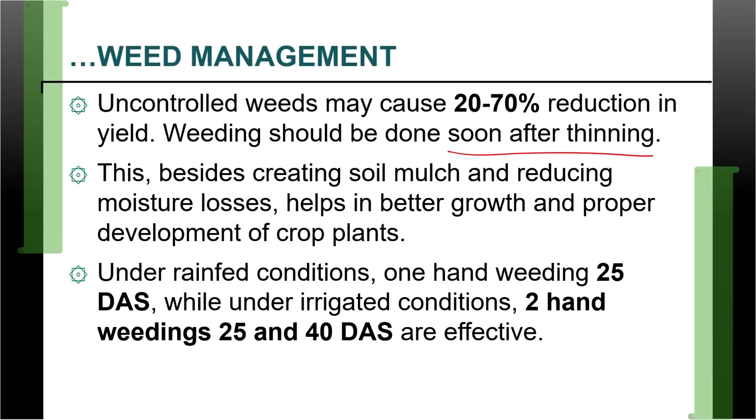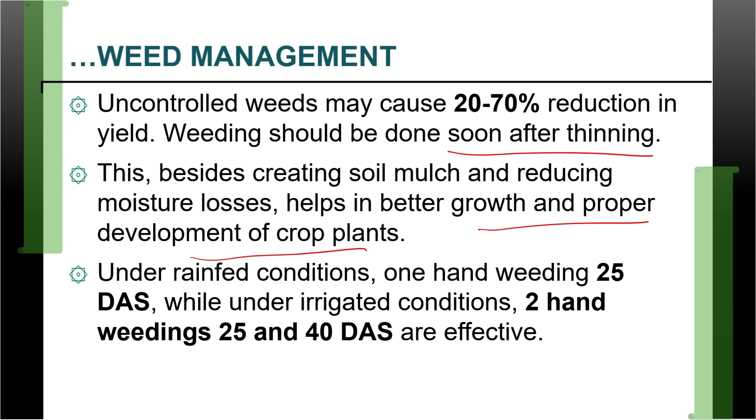So during that time, one can go for weeding also during the thinning. Besides creating soil mulch and reducing moisture losses, this helps in better growth and proper development of crop plants. So what can be done?